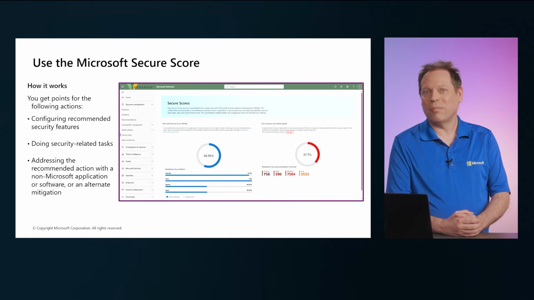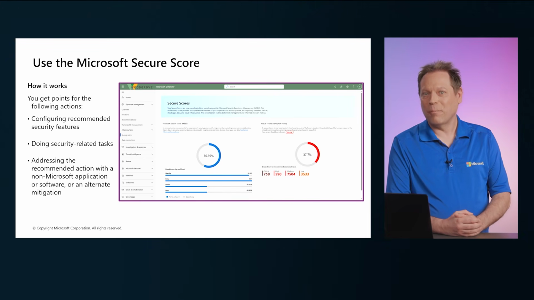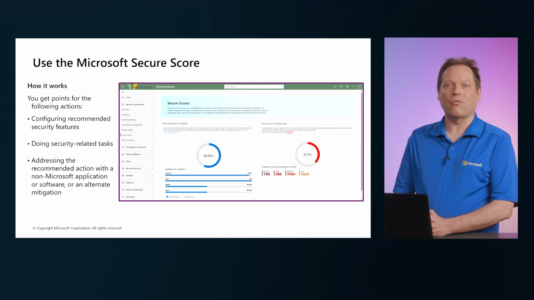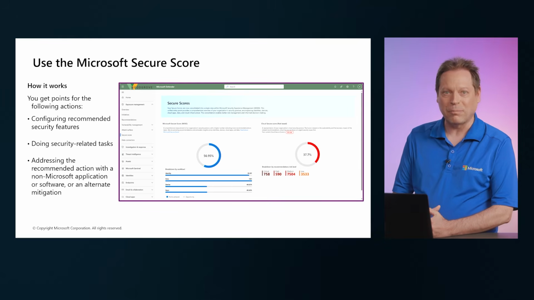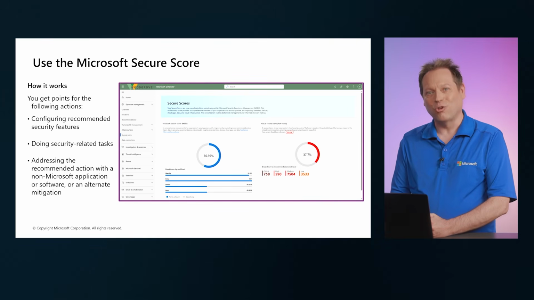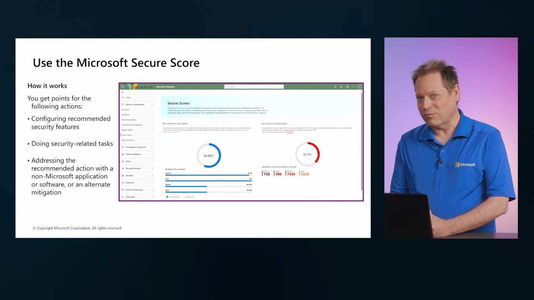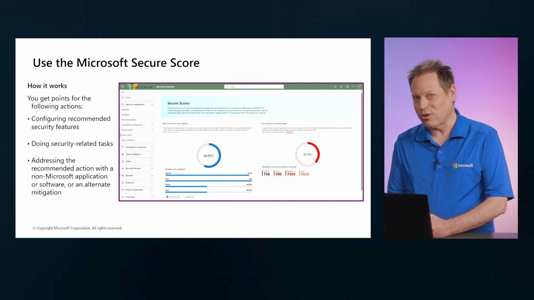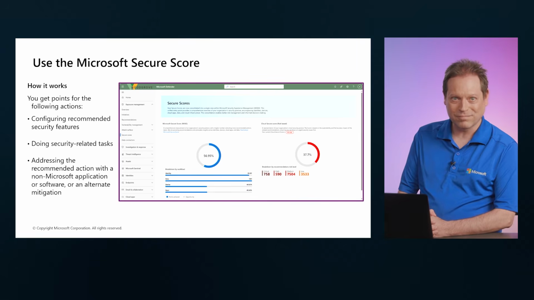You gain points by configuring recommended security features, completing security-related tasks, and even addressing a recommendation using a non-Microsoft application or an alternative mitigation. In the Defender portal, you'll find this under Exposure Management as Secure Score, making it easier to connect operational response with ongoing hardening.